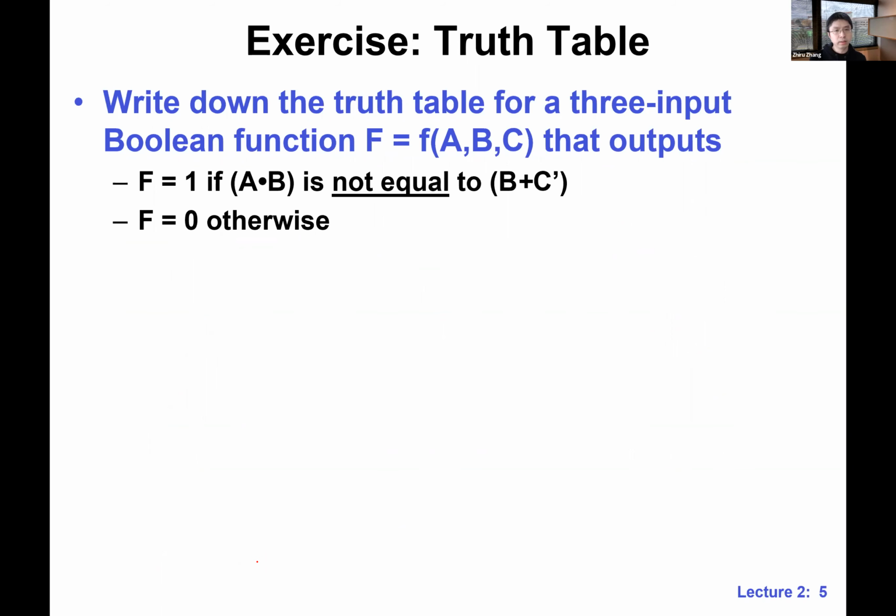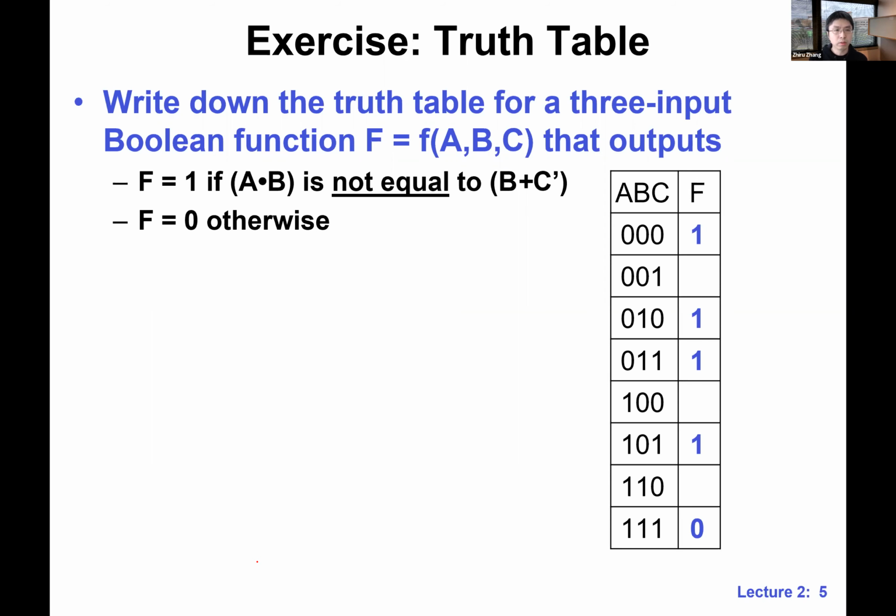Let's look at another function. Of course, we can come up with a closed form equation, but let me just define it this way. This is a 3 input function. Output is F, and I have A, B, C being 3 inputs.